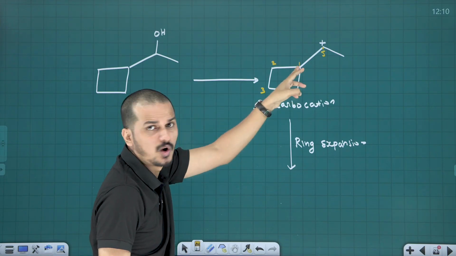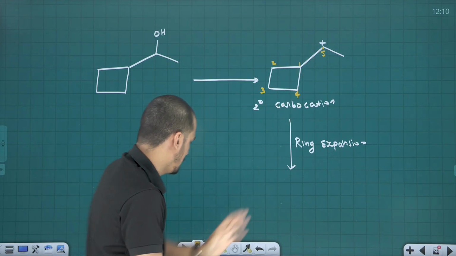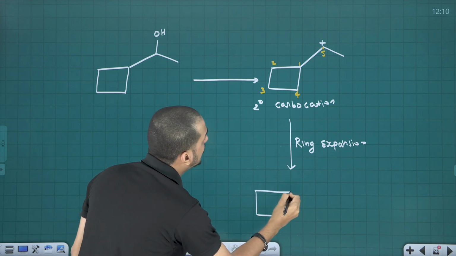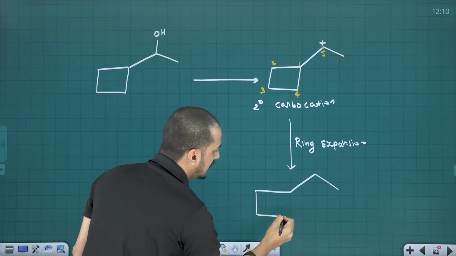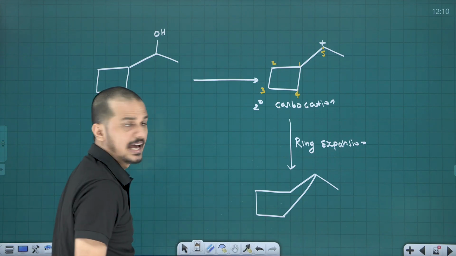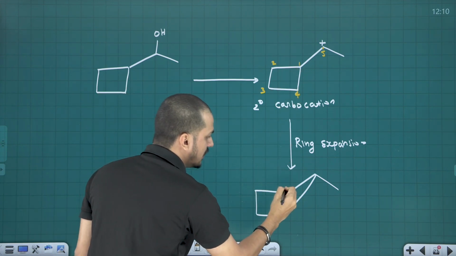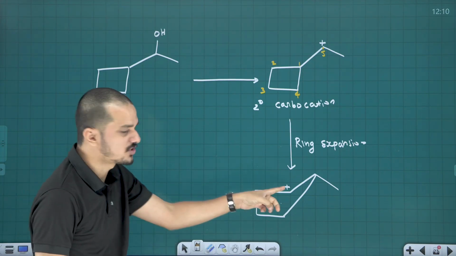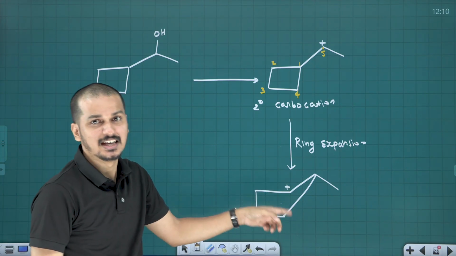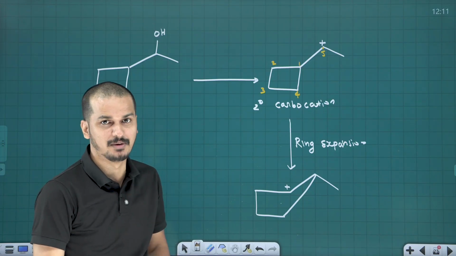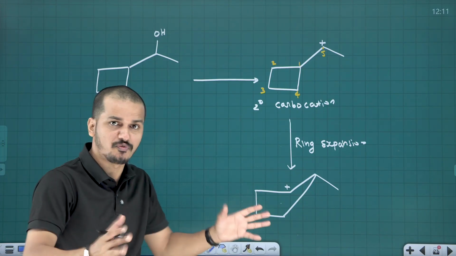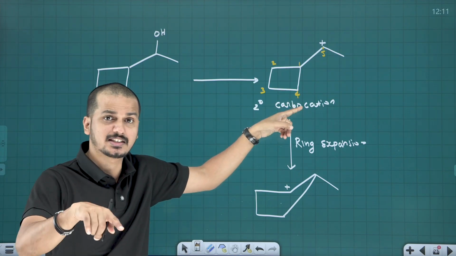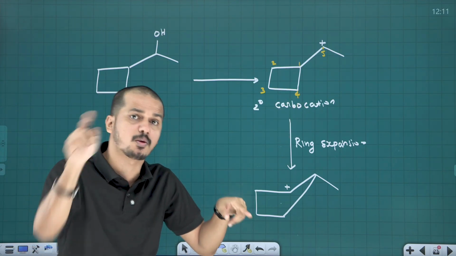Now 4 is connecting with 1, and it will directly connect with 5. At that time, the first carbon will get a positive charge. This is also secondary, but now it is inside the ring, so it is more stable. That's why ring expansion happens. Also, a 5 carbon ring is more stable than a 4 carbon ring, and a 6 carbon ring is more stable still.